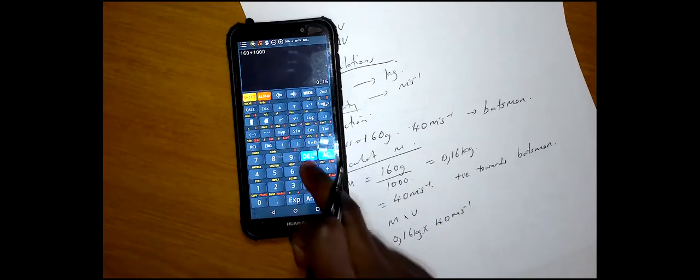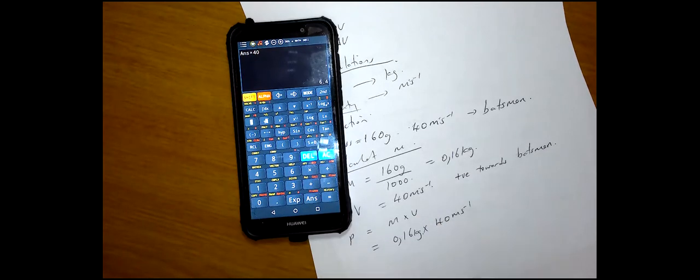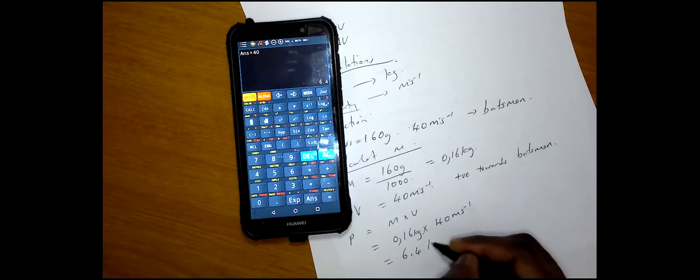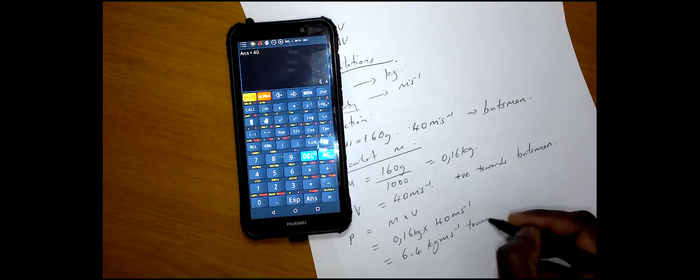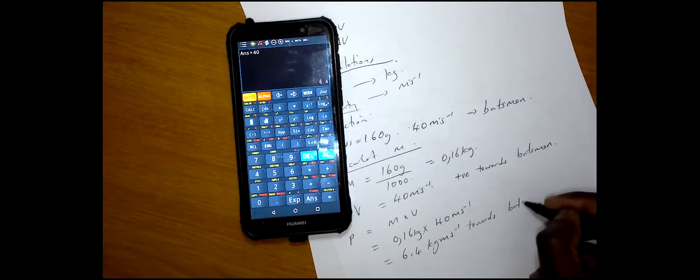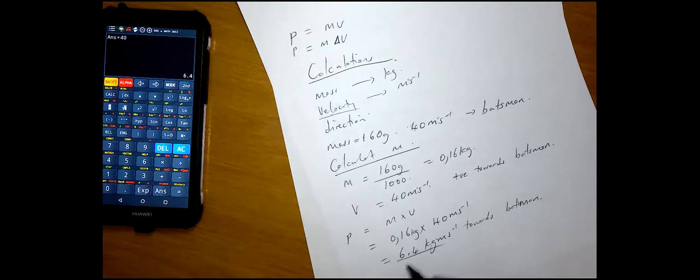We get 6.4 kg meters per second towards the batsman, because it's still positive here. That's what you must get.